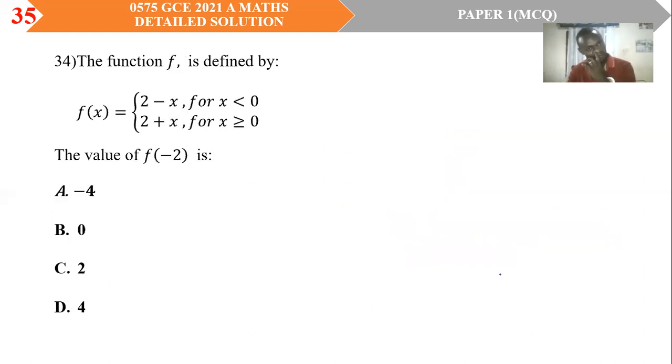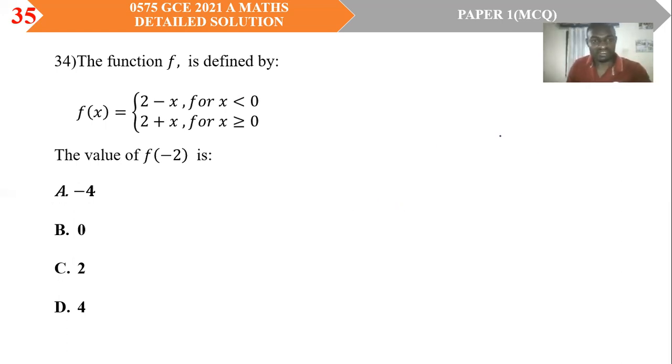Question 34. The function f is defined by f of x equals a piecewise defined function: 2 minus x for x less than 0, and 2 plus x for x greater than or equal to 0. The value of f of negative 2 is, yes, please.